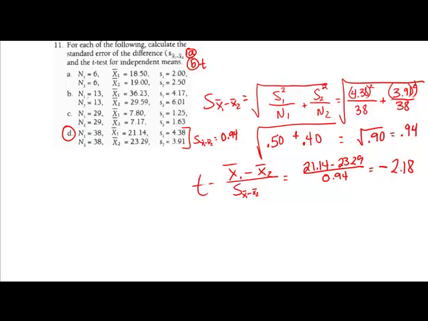It's actually wrong. Why is that wrong? If I check in the book, I got a little bit of rounding error up here. The book wants to say this is 0.95. Let's see if that makes a difference.